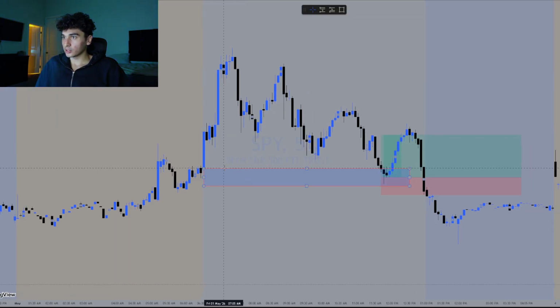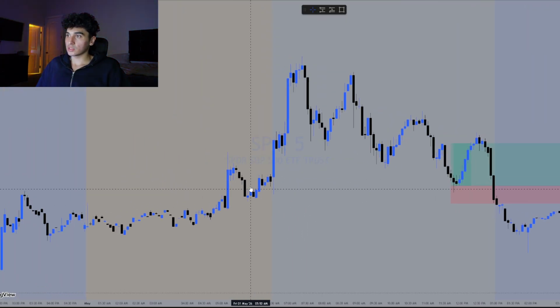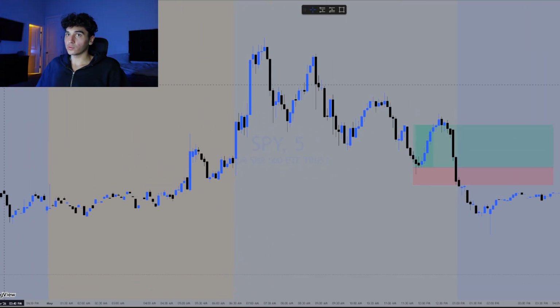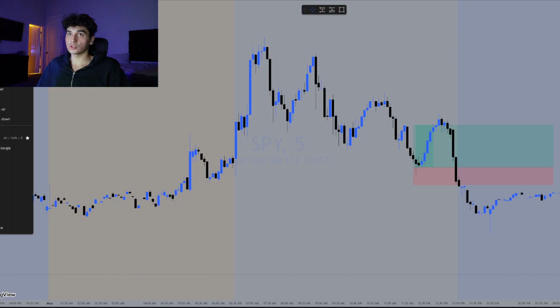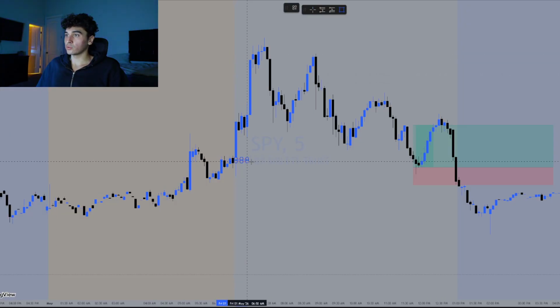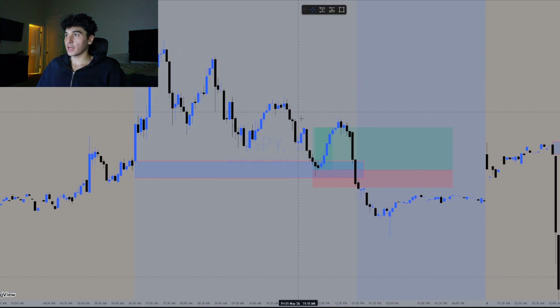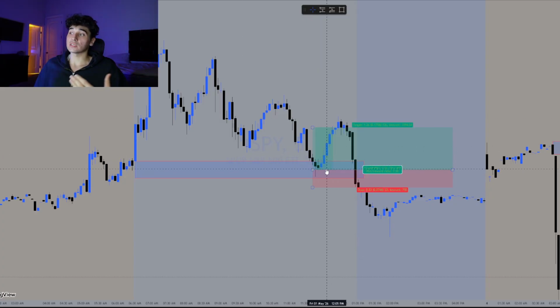So let's just go ahead and run through this thought process. We see a large aggressive move. We mark out the candle that started that aggressive move. Boom, boom, extend it all the way out. Then, as you can see, price taps into our zone. We start to see some rejection.